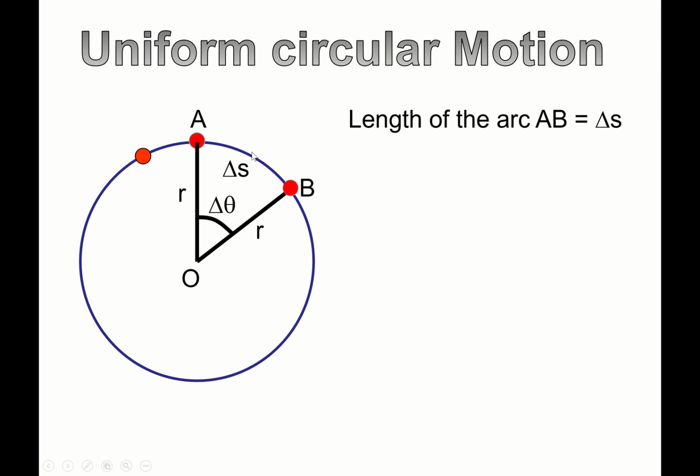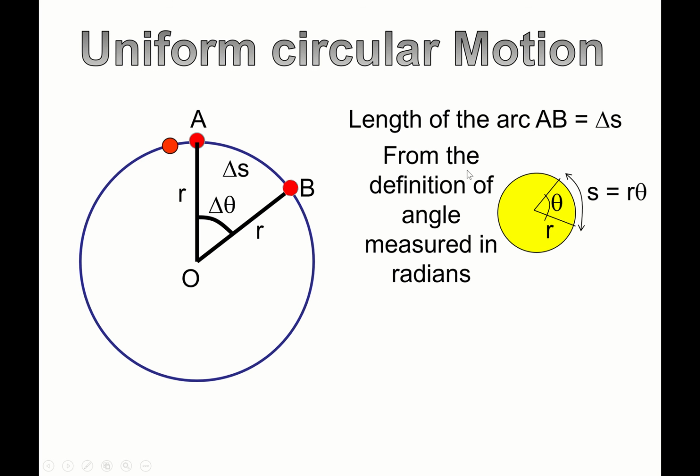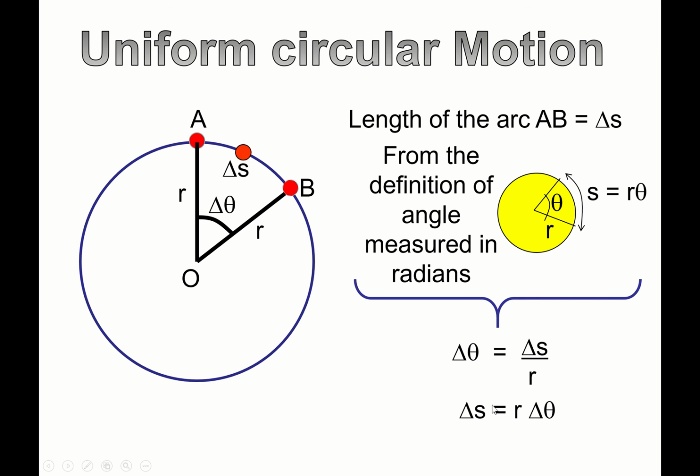Okay, let's say the length of the arc AB here is given by delta S. From the definition of angle measured in radians, S equals r theta. So we can write delta theta equals delta S per r, or delta S equals r delta theta. And for instantaneous displacement, we get ds equals r d theta.